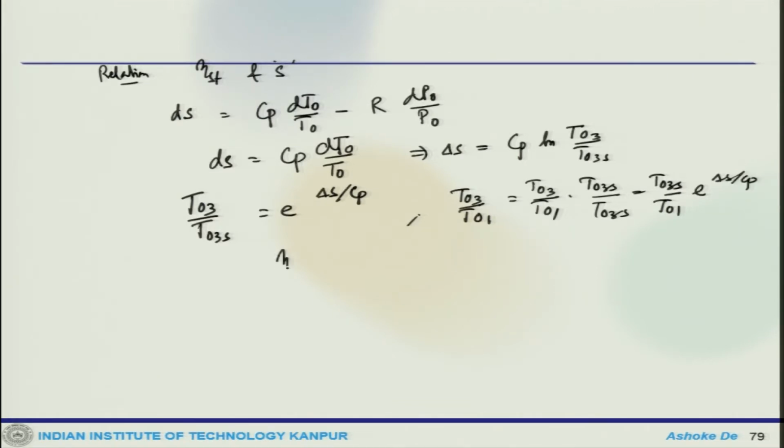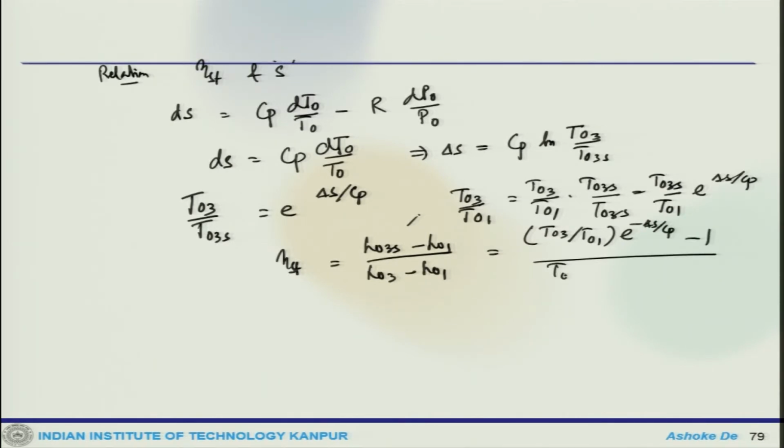So stage efficiency would be (H naught 3S minus H naught 1) by (H naught 3 minus H naught 1), which is [T naught 3 by T naught 1 into e to the power minus delta S by Cp, minus 1] divided by [T naught 3 by T naught 1 minus 1].